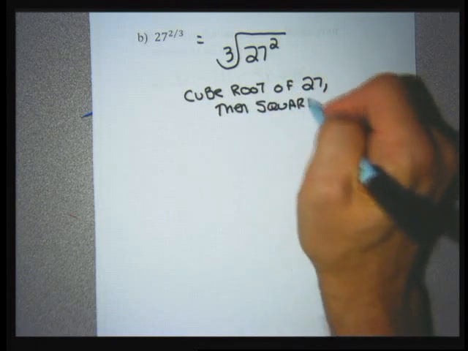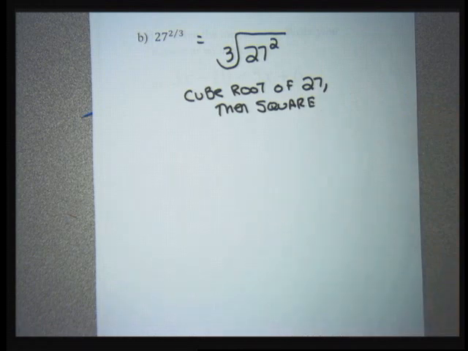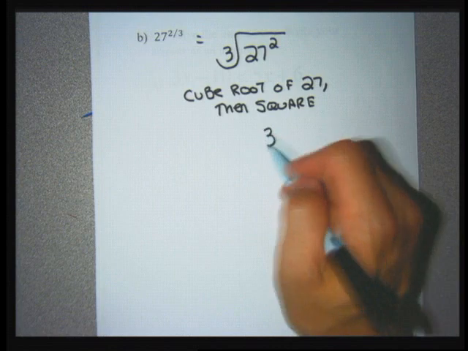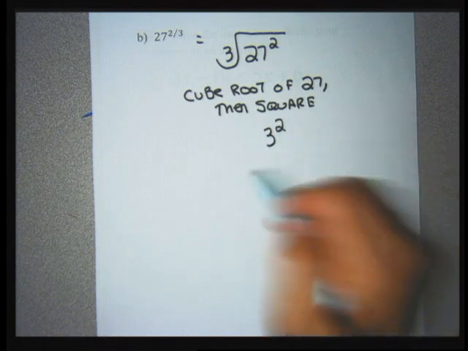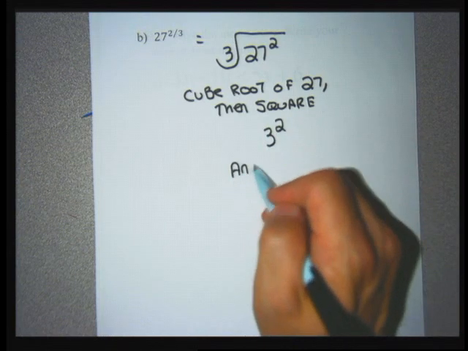It's one of the rare times that order of operations is kind of interchangeable. So when I cube root the 27, because 3 times 3 times 3 is 27, the cube root of 27 is 3, and then I'll square the 3, 3 squared is 9, and my answer is 9.